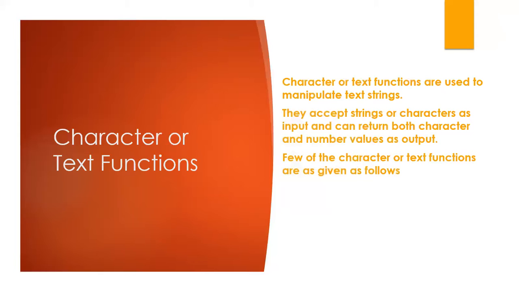Next one is character or text functions. Character or text functions are used to manipulate text strings. They accept strings or characters as input and can return both character and number values as output. A few character or text functions are given below.